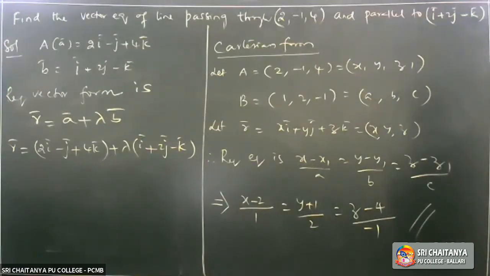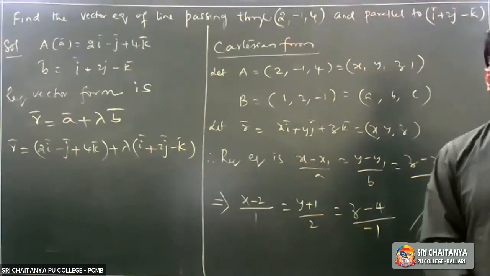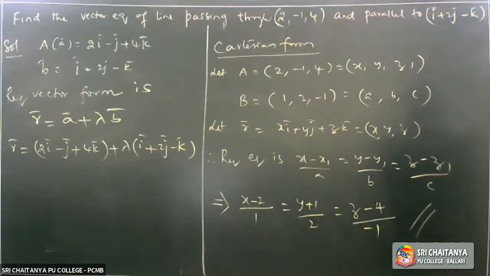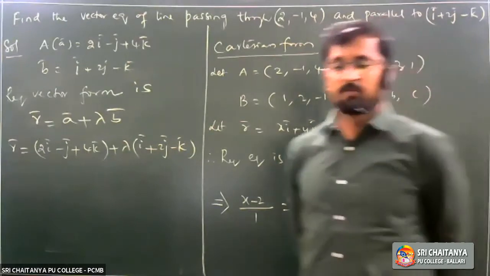What is the Cartesian equation we have proved? x minus x1 by a is equal to y minus y1 by b is equal to z minus z1 by c. Substitute all the values x1, y1, z1 and a, b, c, and you are going to get the answer. I hope you understood this.